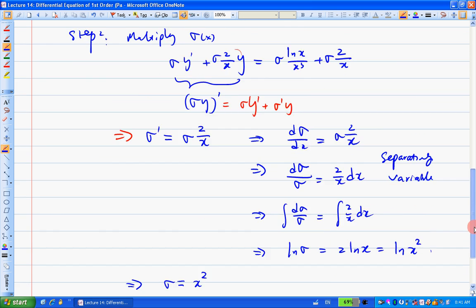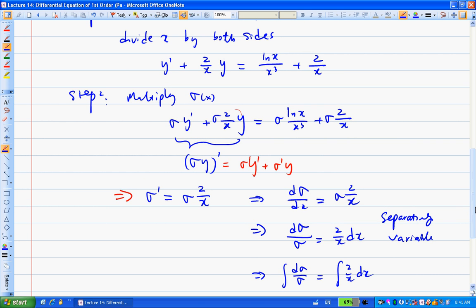Now once we get sigma, that sigma will satisfy this equation to write that into this format.